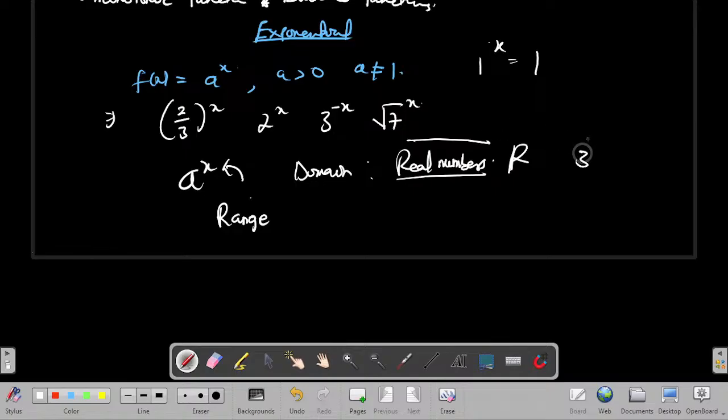Even if you have 3 to the power negative 2, the answer is 1 over 3 squared, which is 1 over 9. Whatever you put inside the function will give you a positive answer. Therefore, the range will lie between 0 and positive infinity. This can also be written as R plus, that is positive real numbers. Okay. So take note of this about the exponential function.